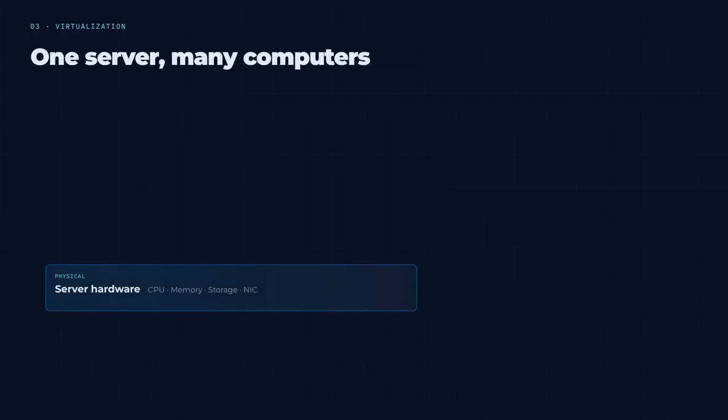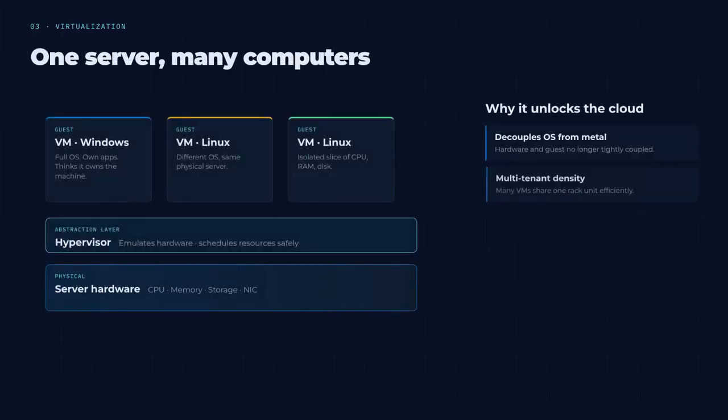So, how does one physical server become dozens of independent computers? The answer is virtualization, and Azure is virtualization at planetary scale. On a traditional machine, the operating system owns the hardware tightly. Virtualization inserts an abstraction layer called a hypervisor. The hypervisor emulates a full computer for each virtual machine.